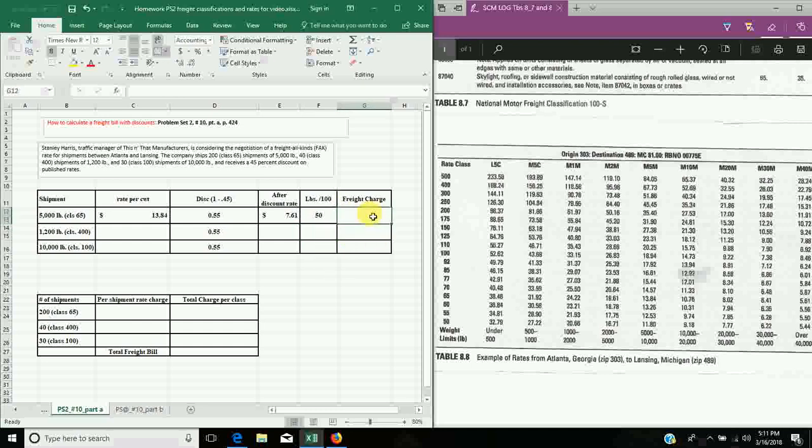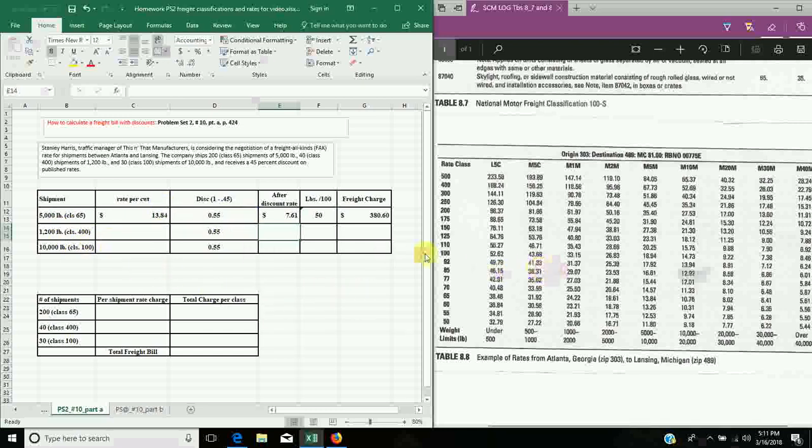And the last thing we do is multiply that hundredweight times the discount rate, or $380.60. So that's the discounted rate that Stanley is going to get for a Class 65 shipment of 5,000 pounds. All right, let's do the other two.